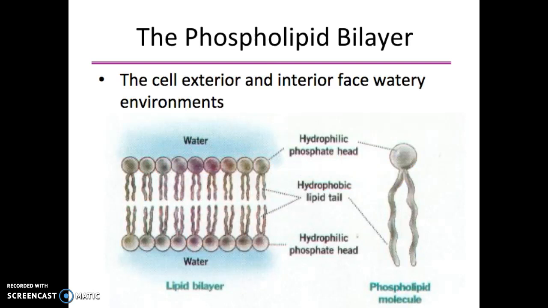Okay? So for phospholipids, usually we have one saturated and one unsaturated. But again, that is not as important as understanding the benefit of having saturated or unsaturated fatty acid tails.